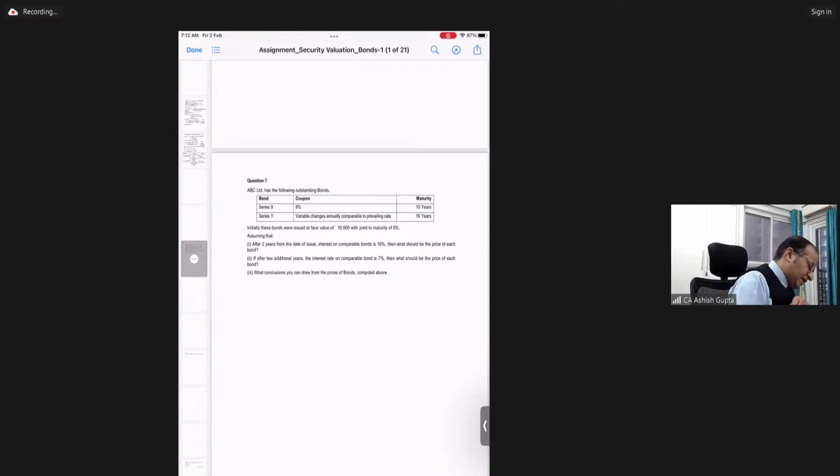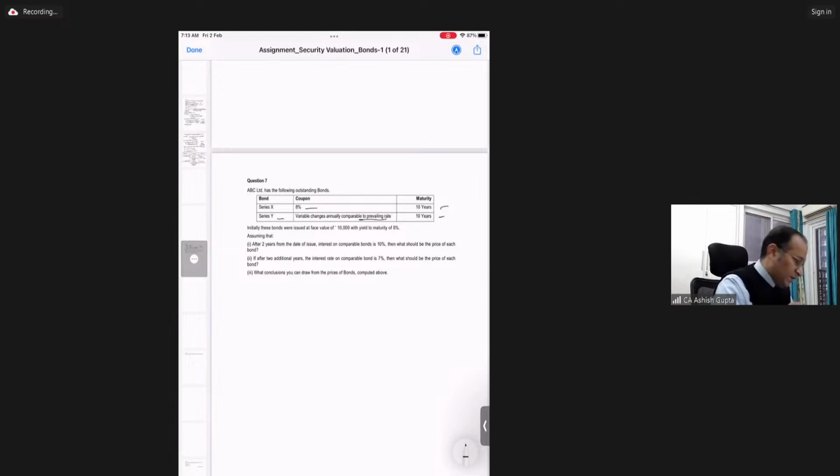The question says that ABC Limited has the following outstanding bonds. These are the two bonds. Series X carries a coupon of 8% and the maturity period is 10 years. And Series Y carries variable changes annually comparable to the prevailing rate. So it means it is a floating rate bond.